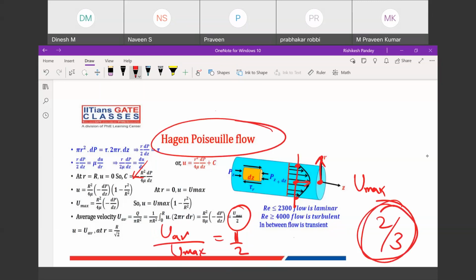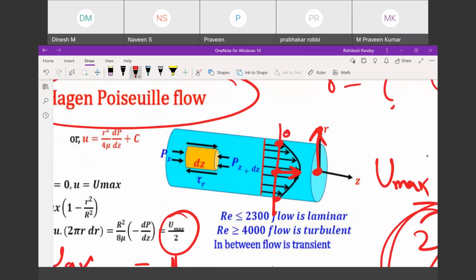One more point you can remember. At the center, at r equals 0, we are getting maximum velocity. At which radius will the velocity be average? Let's say at the wall it is 0 and at this point it is 2. So the average will be about 1. It varies from 0 to 2, and the average velocity is 1, so 1 will be somewhere here.